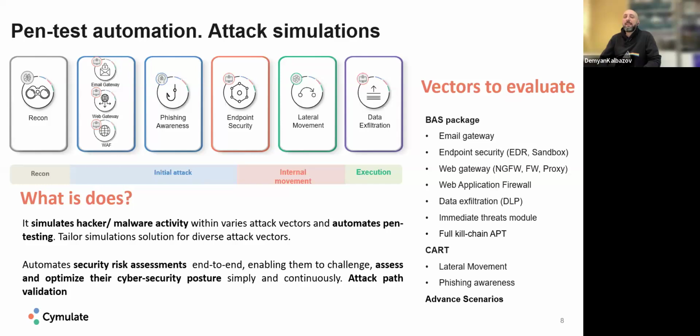So Cymulate provides a comprehensive tool set for cybersecurity teams to assess the organization's cybersecurity posture at the moment. It shows how the infrastructure is vulnerable to which attacks and what resources are exposed to the internet.